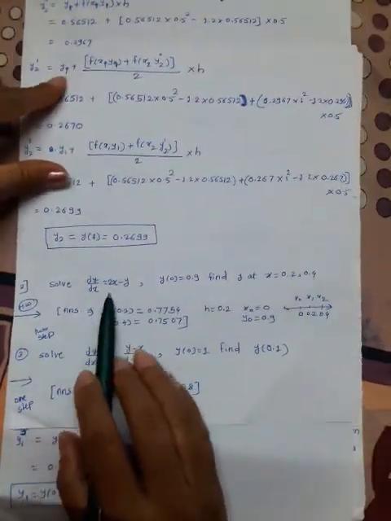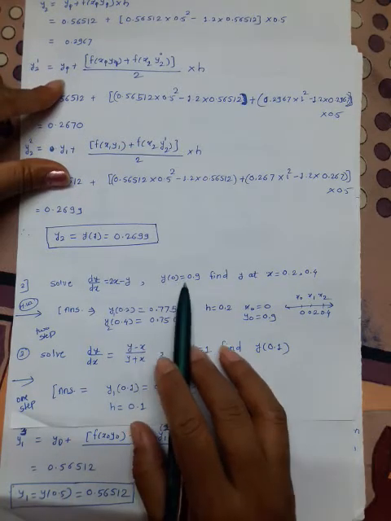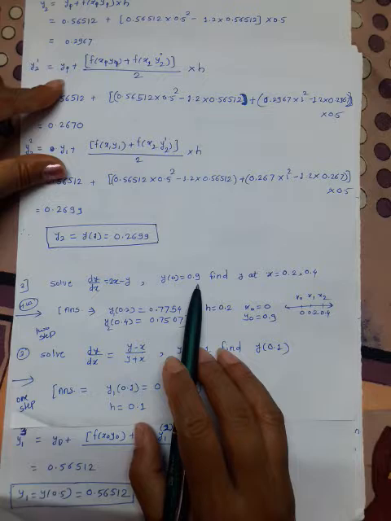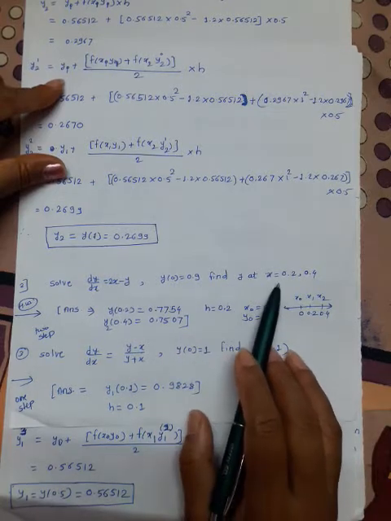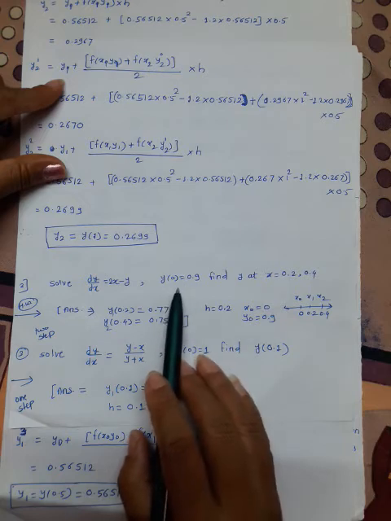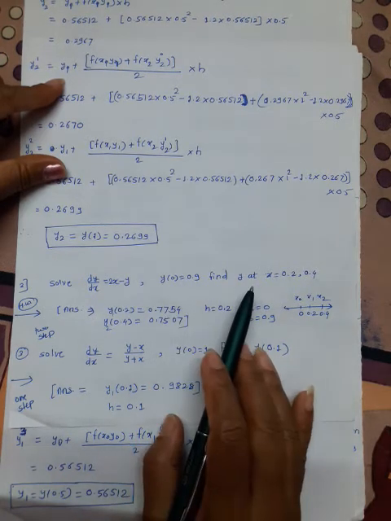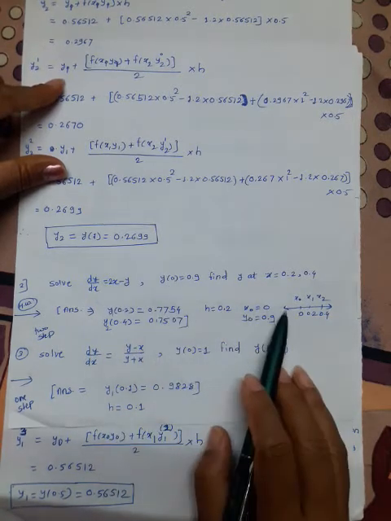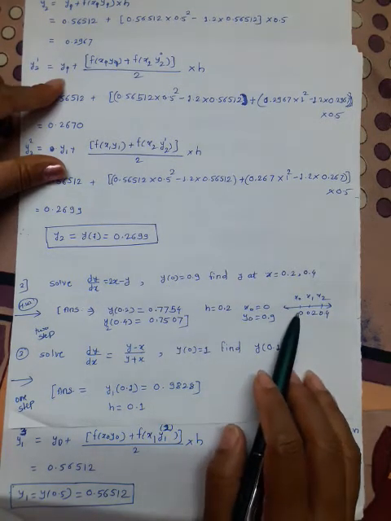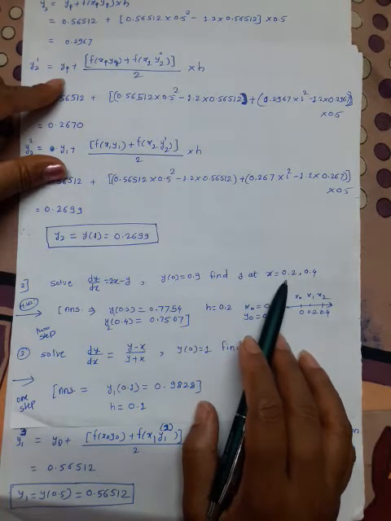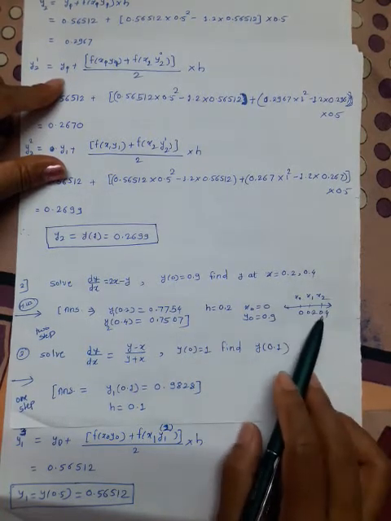Solve dy by dx is equal to 2x minus y, y naught is equal to 0.9. This is x naught is 0, y naught is 0.9. Find y at x is equal to 0.2 and 0.4. In this particular example the interval is not given, but h is given already. See, y of x naught is 0. That means we have to start with 0, and we have to find the value of y at x is equal to 0.2 and 0.4.